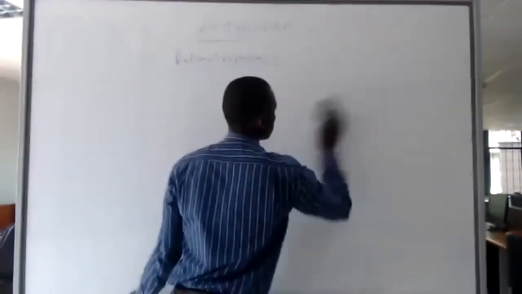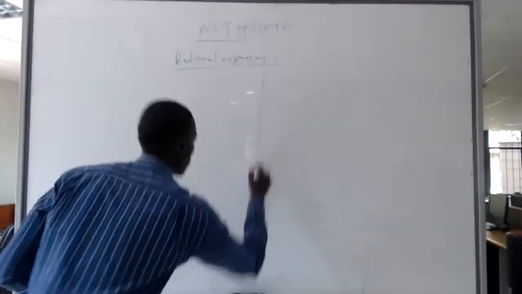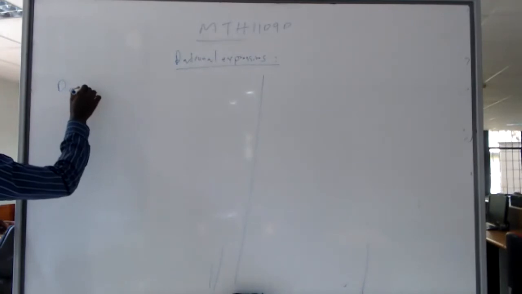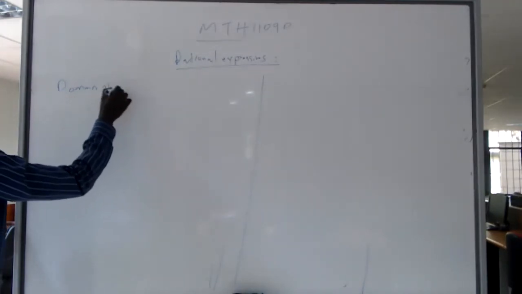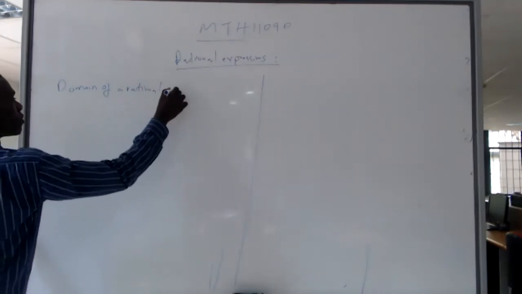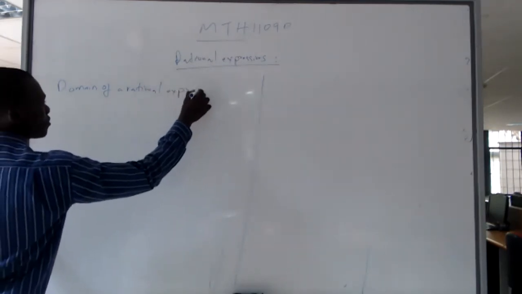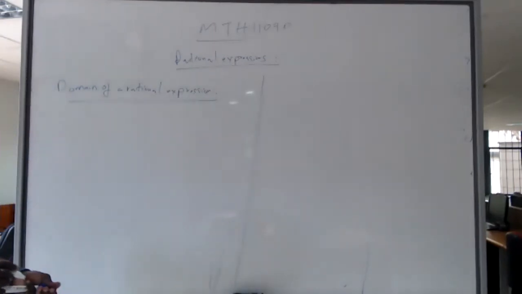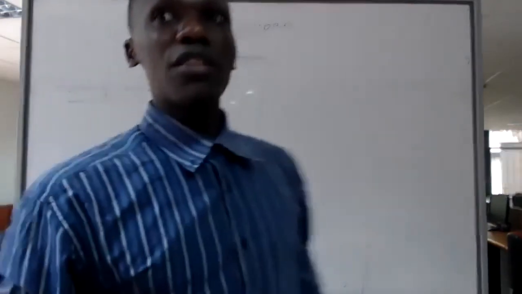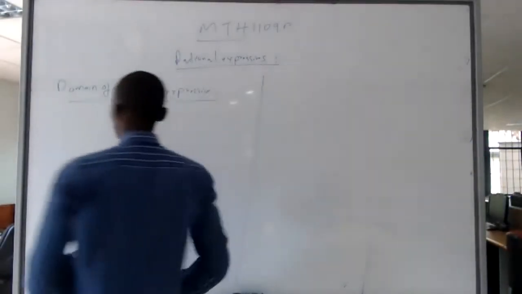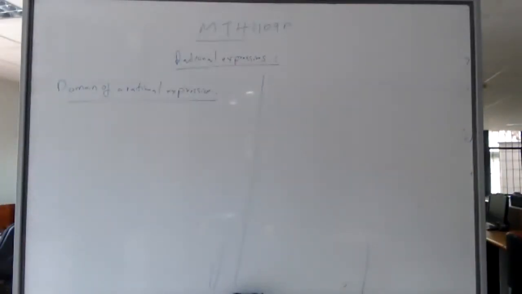The next definition I would like you guys to take home is domain. Domain of a rational expression. In the second class, we defined a function, and I gave you the domain of a function and the codomain of a function.